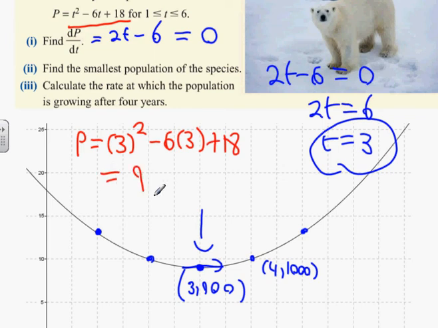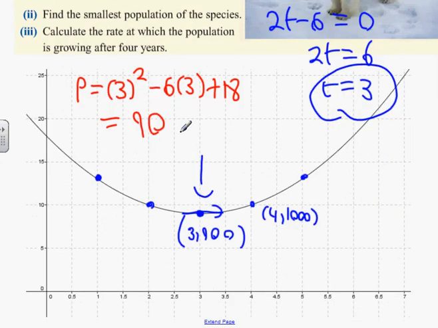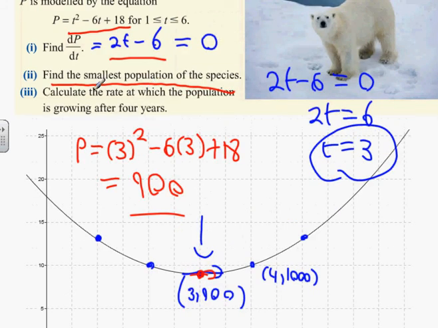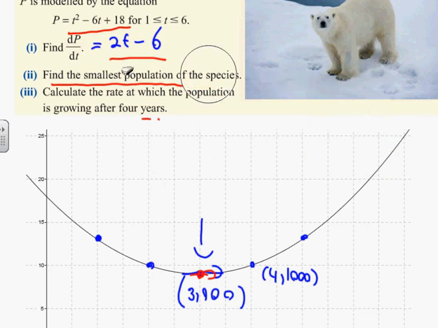The next part, guys, is to calculate the rate at which the population is growing after 4 years. The question is not what the population is, it's how fast the population is increasing. We know the population is 1,000, that's not the question. Remember, increase is measured by slopes.